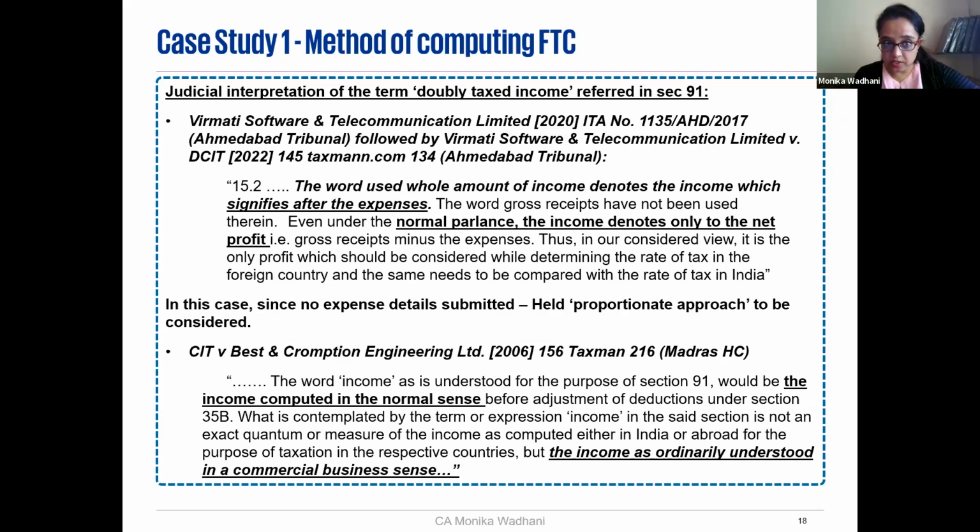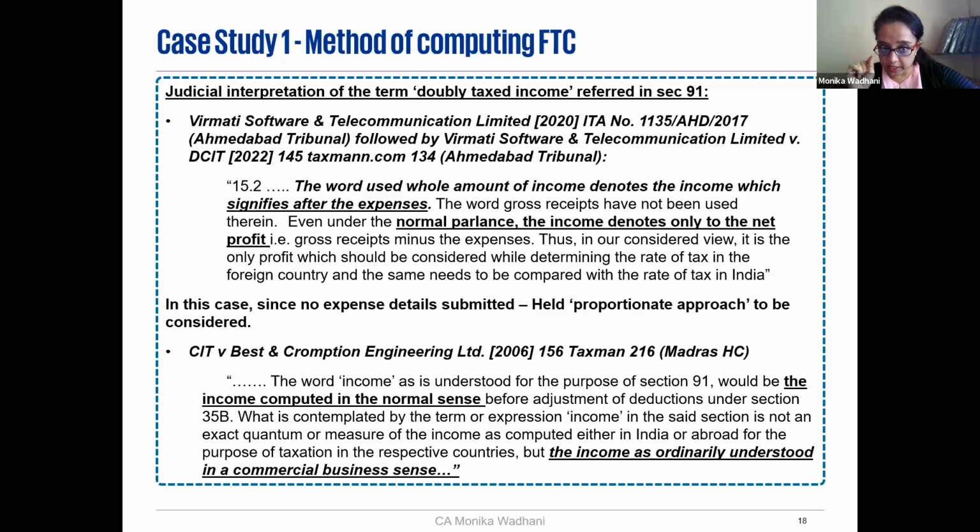and held as under. So in case of Virmati Software and Telecommunication, the Ahmedabad Tribunal has held as under: the word used, whole amount of income, denotes the income which signifies after the expenses. The word gross receipts have not been used therein. Even under the normal parlance, the income denotes only to the net profit.